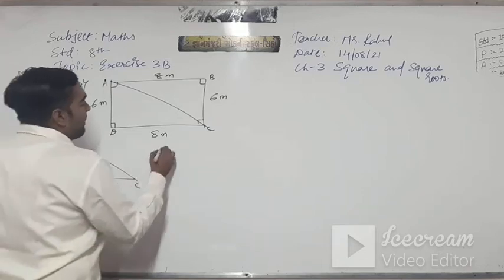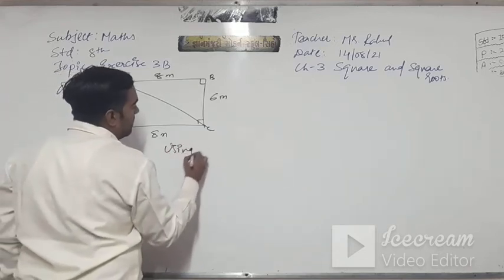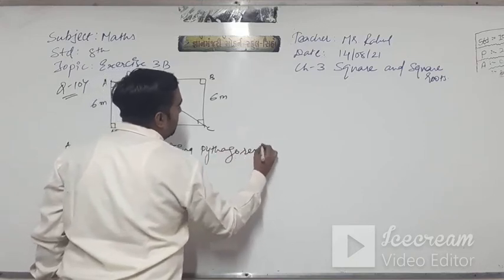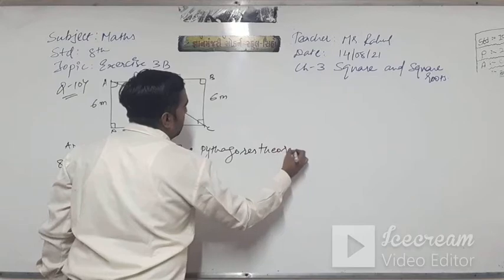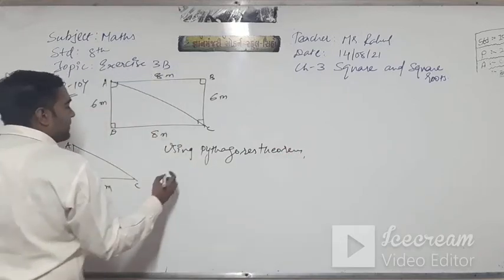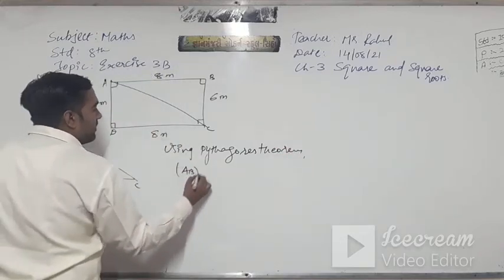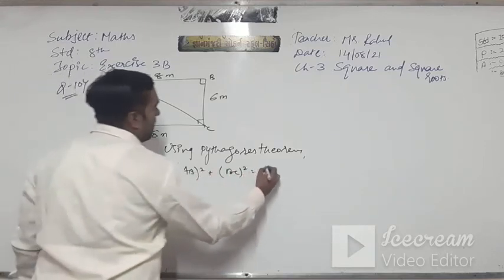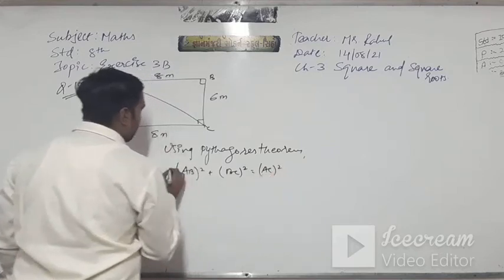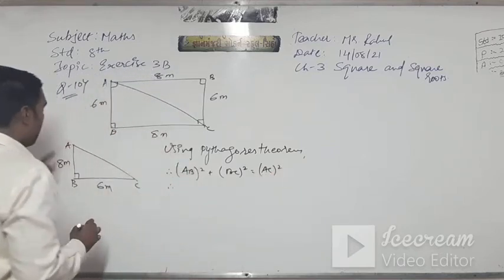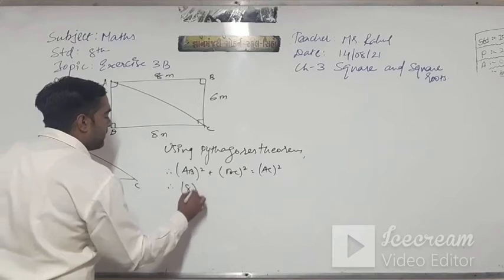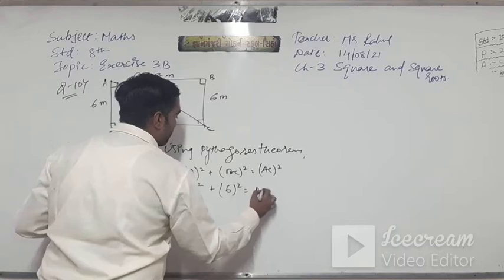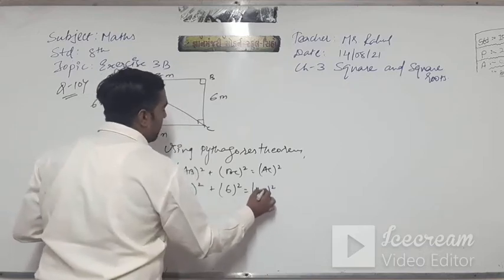So now, using the Pythagoras theorem, height square plus base square equals hypotenuse square. Height square, that is 8 square, plus base square, that is 6 square, equals hypotenuse AC square.